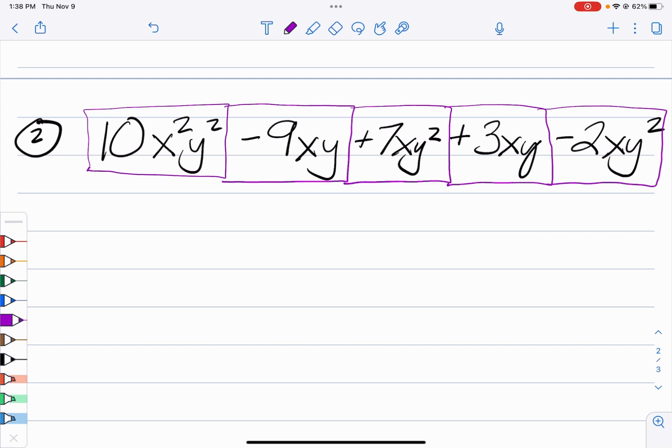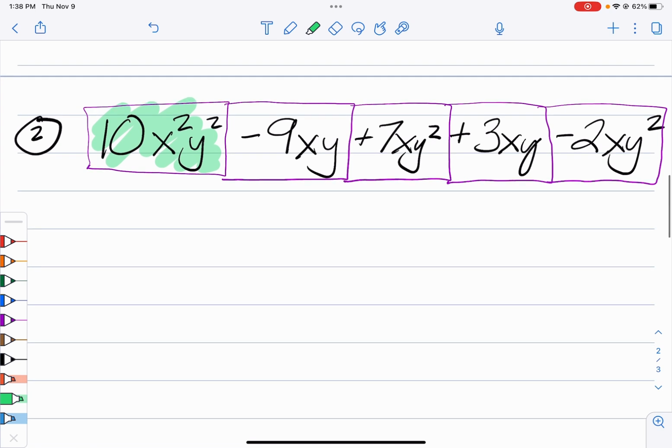So we have x's and y's in all of our terms. Alphabetically, x comes first. And the term with the highest exponent on the x is this first one. And it's the only one of its kind. It's the only one that has x squared, y squared as the combination of its variables. So I'm going to write 10x squared y squared, because that's our first term.